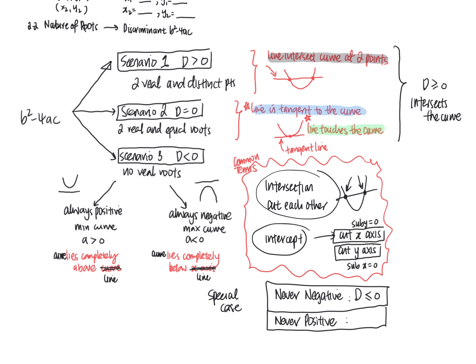Never real means must be no real roots, so discriminant less than 0. The other way is that they tell you the roots are real. So roots are real can be 1 real root or 2 real roots. So this is another way that they are saying the same thing.